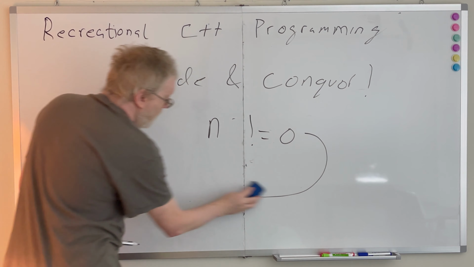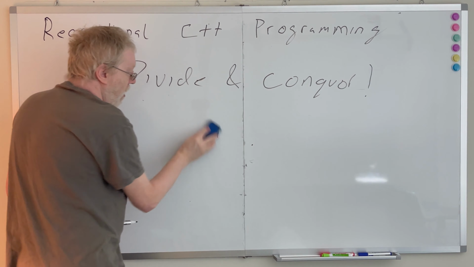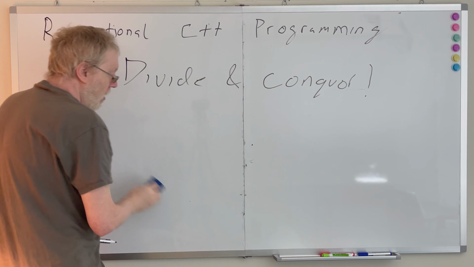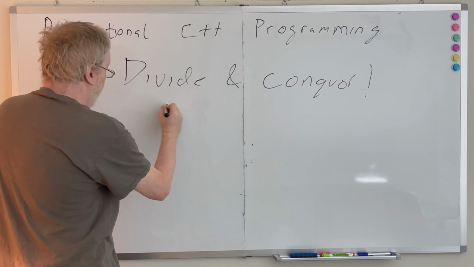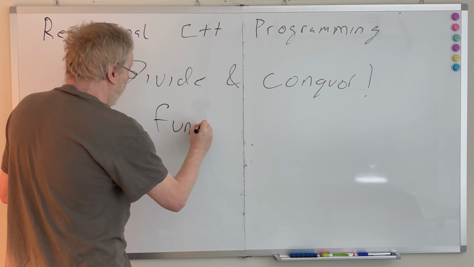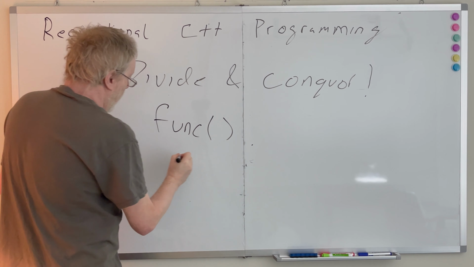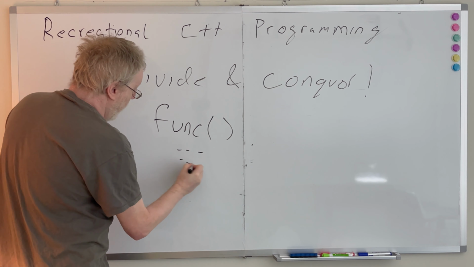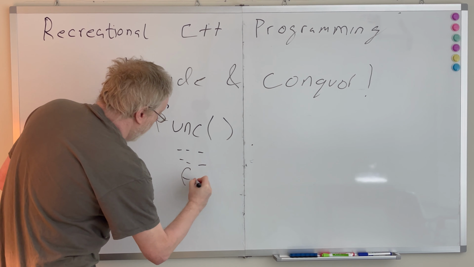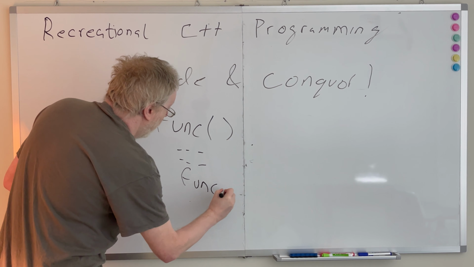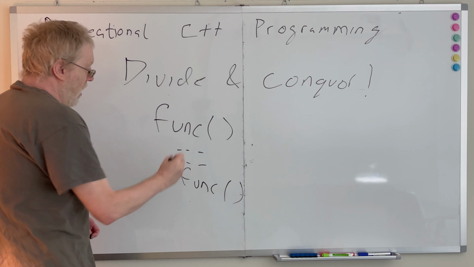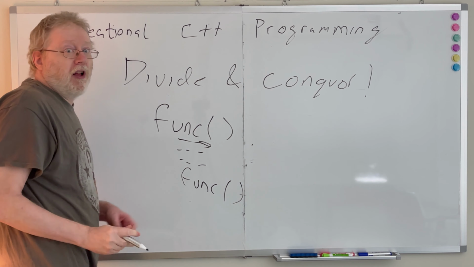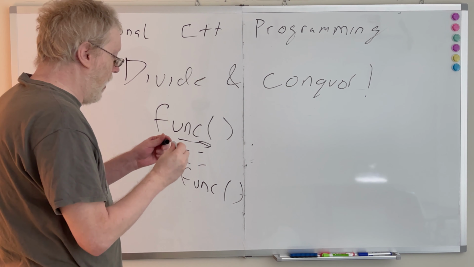So this program introduces recursion if you're not familiar with it. Basically you have a function and somewhere down here it calls itself with a different argument. And up here there has to be an escape clause, otherwise you'll go and blow your stack.